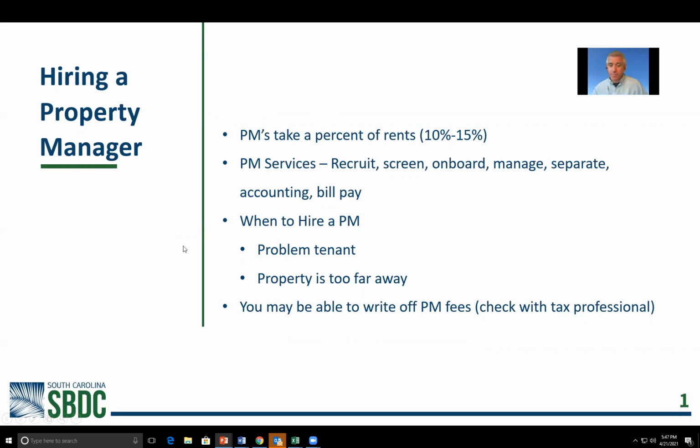So, hiring a property manager. One of the things you should consider straight off the bat is whether to hire a property manager or not.